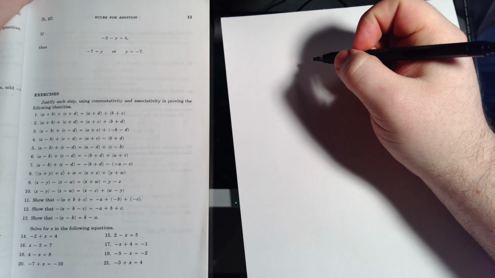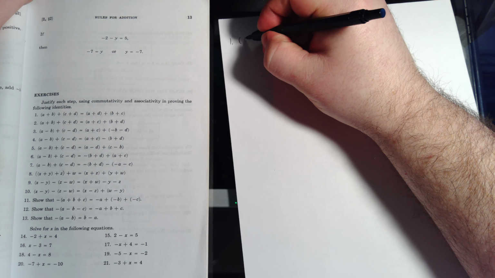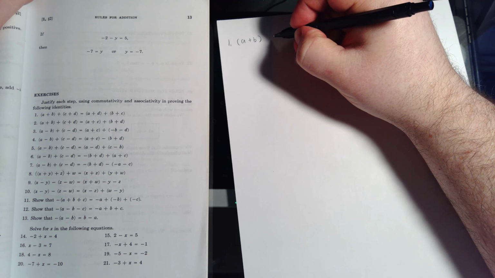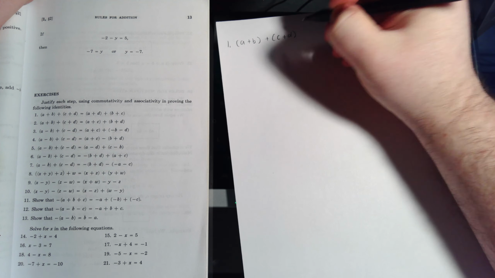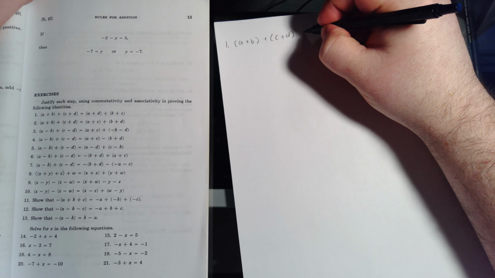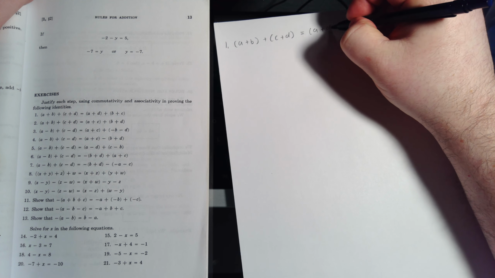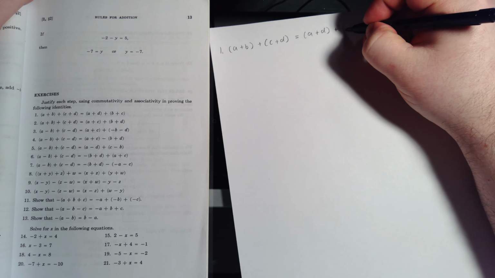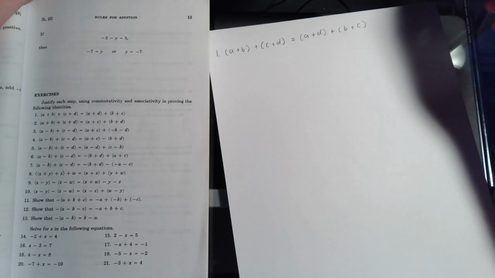And we have question 1. We have A plus B in parentheses plus C plus D in parentheses is stated to be equal to A plus D in parentheses plus B plus C in parentheses.